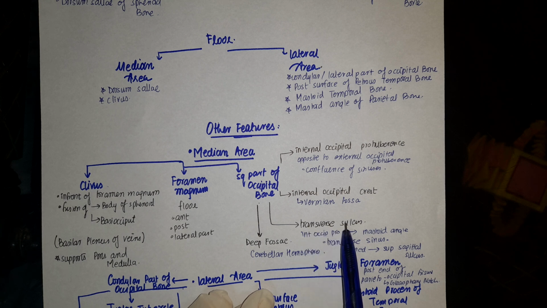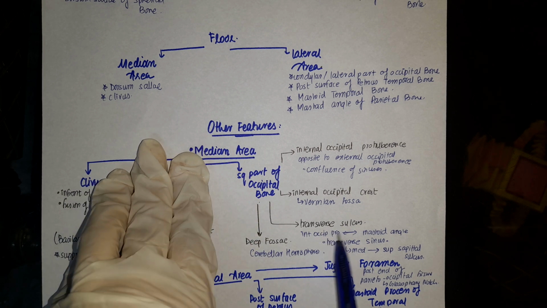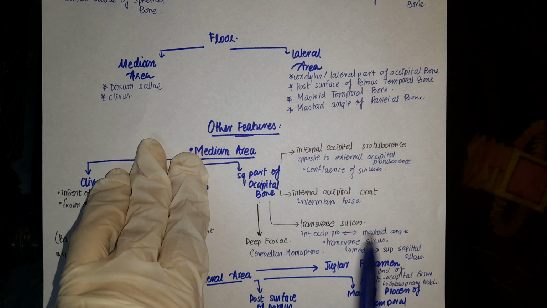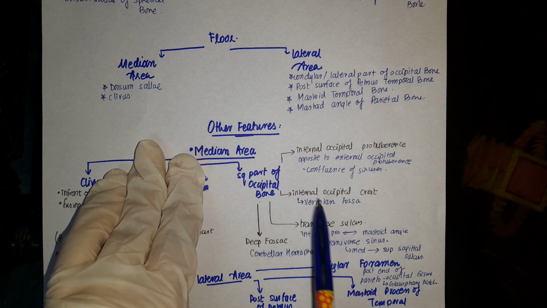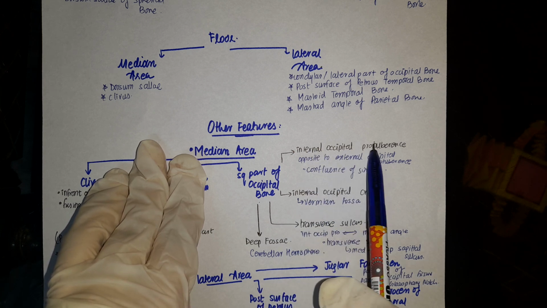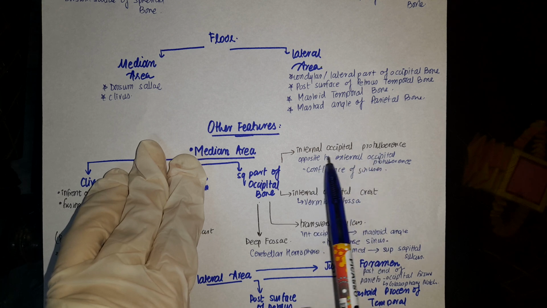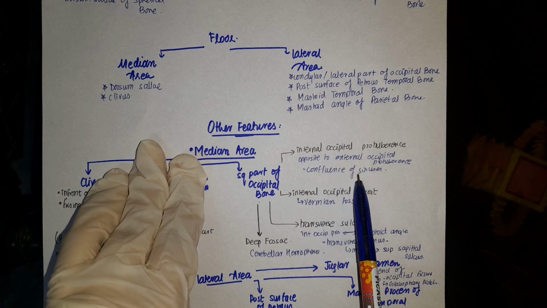The transverse sulcus is going to have, between the internal occipital protuberance and the mastoid angle, the transverse sinus. The transverse sulcus is going to lodge the transverse sinus. And internal occipital crest has the vermian fossa, and internal occipital protuberance is just opposite to the external occipital protuberance and has the confluence of sinuses.